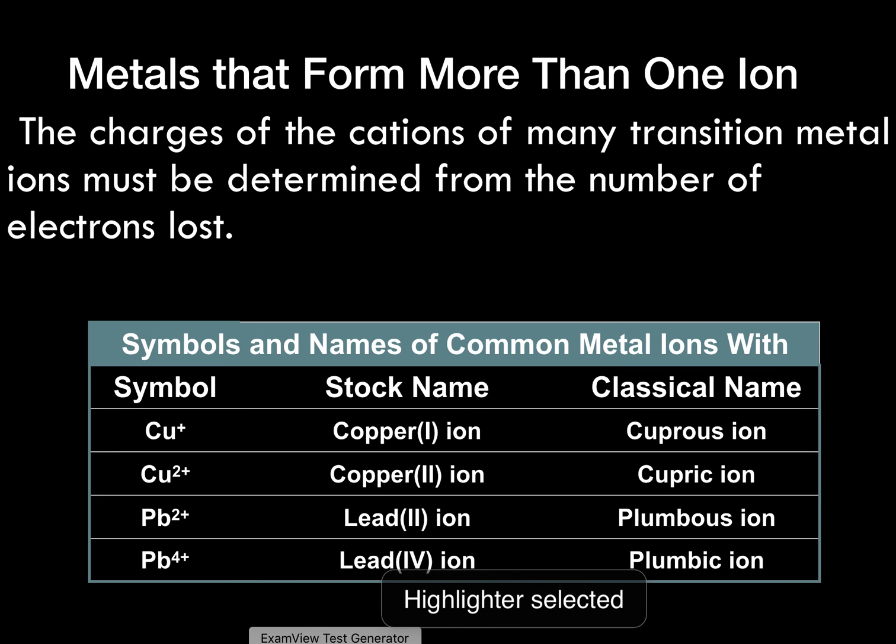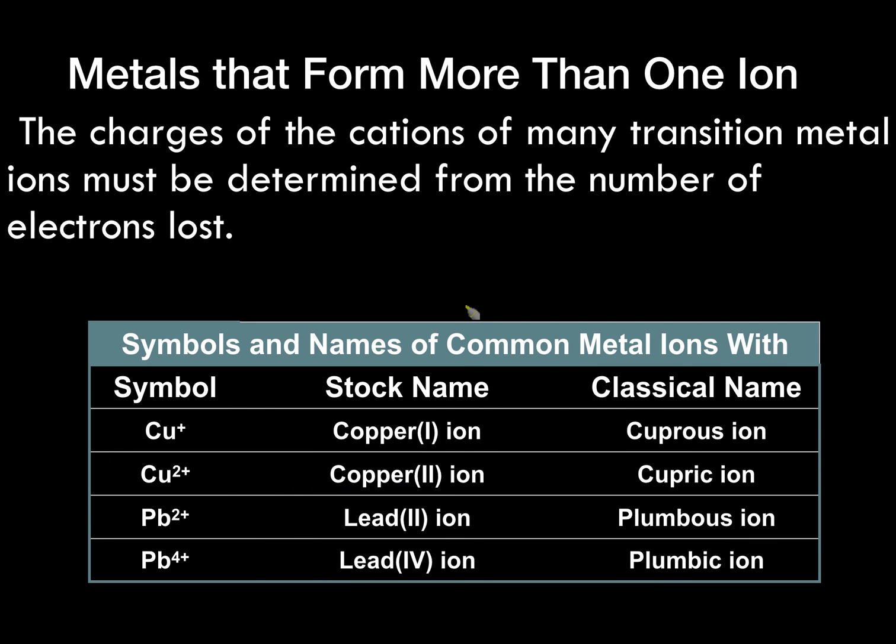We'll use the highlighter. Just want to show you that we have Cu plus 1 and Cu plus 2. If you would say it, it would be the copper 1 ion and the copper 2 ion. The classical name we won't worry about.